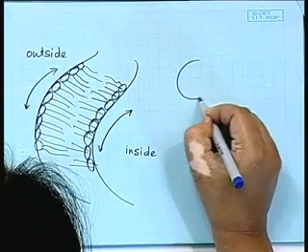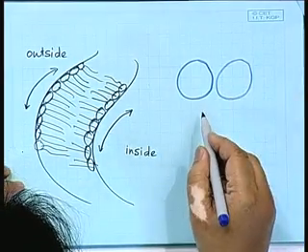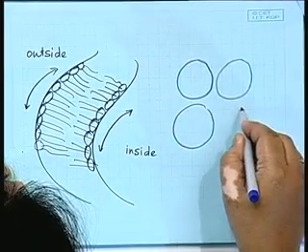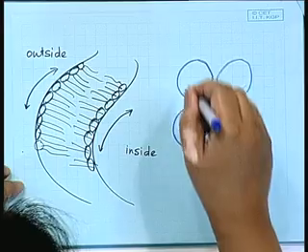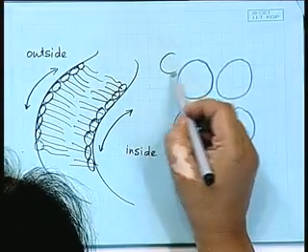You recognize now that when we are looking from the top down to the membrane, these are the helices. We have now our polar head groups.